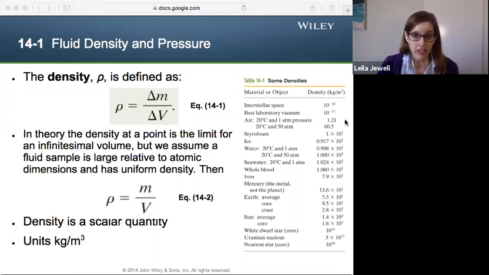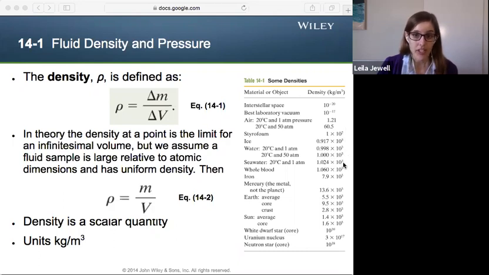Our standard air at 20 degrees Celsius, 1 atmosphere pressure, has a density of about 1.21. This is probably the density you'll have to use most often. The other ones that we have are styrofoam, and ice is less dense than water, which is why our ice is able to float in our water. And with water, we often will just assume this perfect one of 1,000 kilograms per meter cubed.